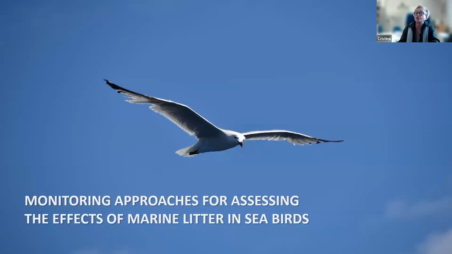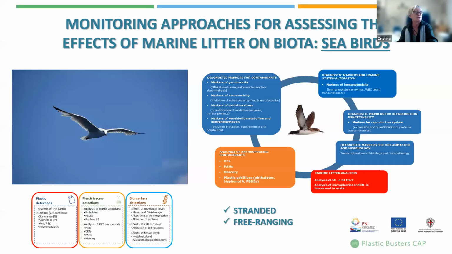The same approach can be applied in other charismatic species, such as seabirds. Again, you can use stranded organisms in which you can measure the presence of plastic itself or plastic additives, but also free-ranging organisms, from which you can collect blood samples and analyze a huge range of biomarkers.